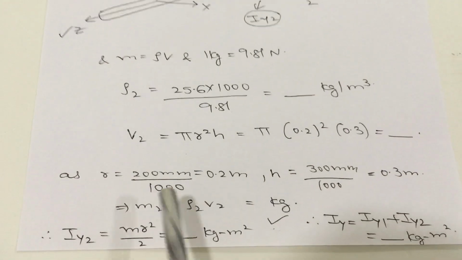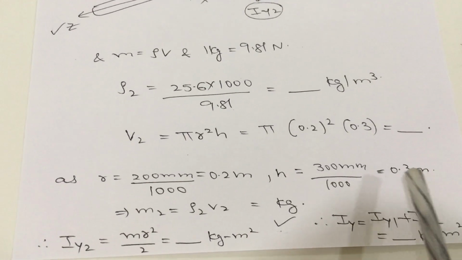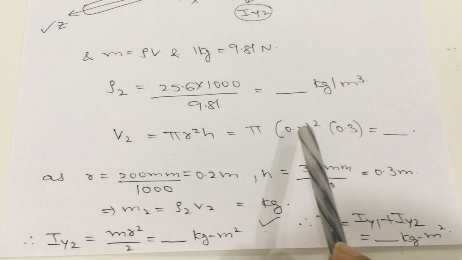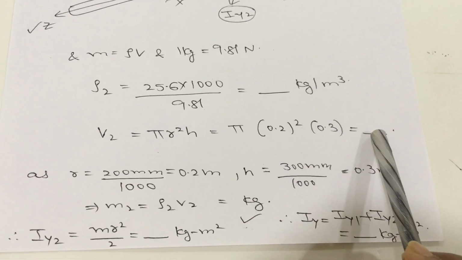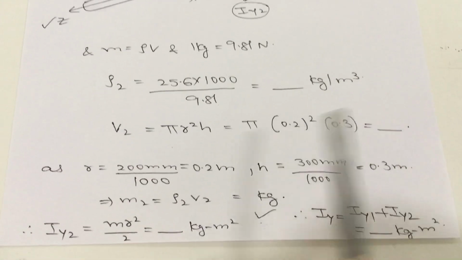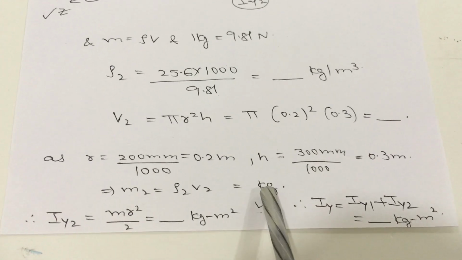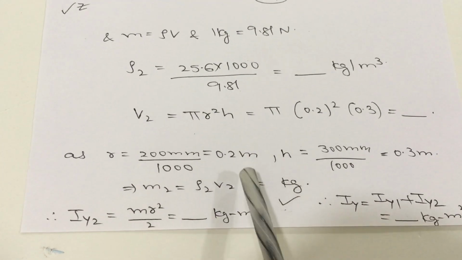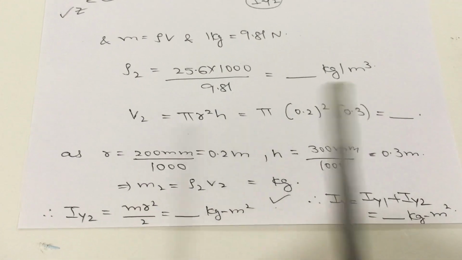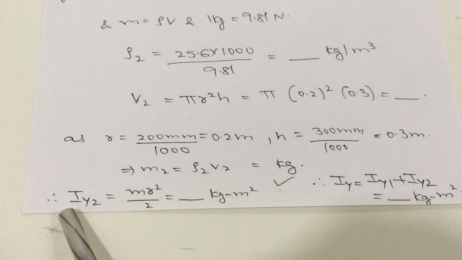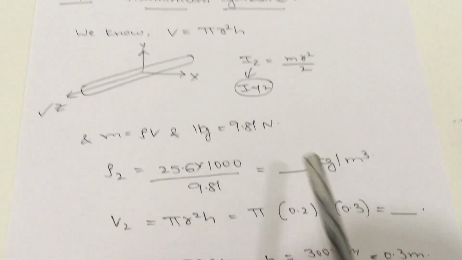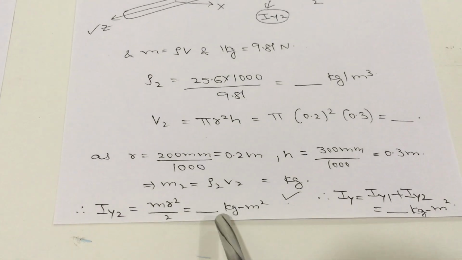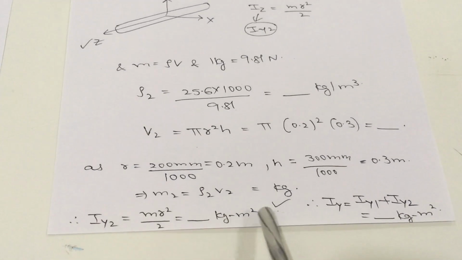So convert that 400 and 300 into meters for the radius value and for the height value. Substitute all the values in the volume formula. You will get the volume value. Next, substitute that volume in the mass formula. You will get the mass value in kgs. Next, substitute the mass value and radius value which we have already calculated in the IY2 formula. That is nothing but m r square by 2. You will get the value in terms of kg meter square.